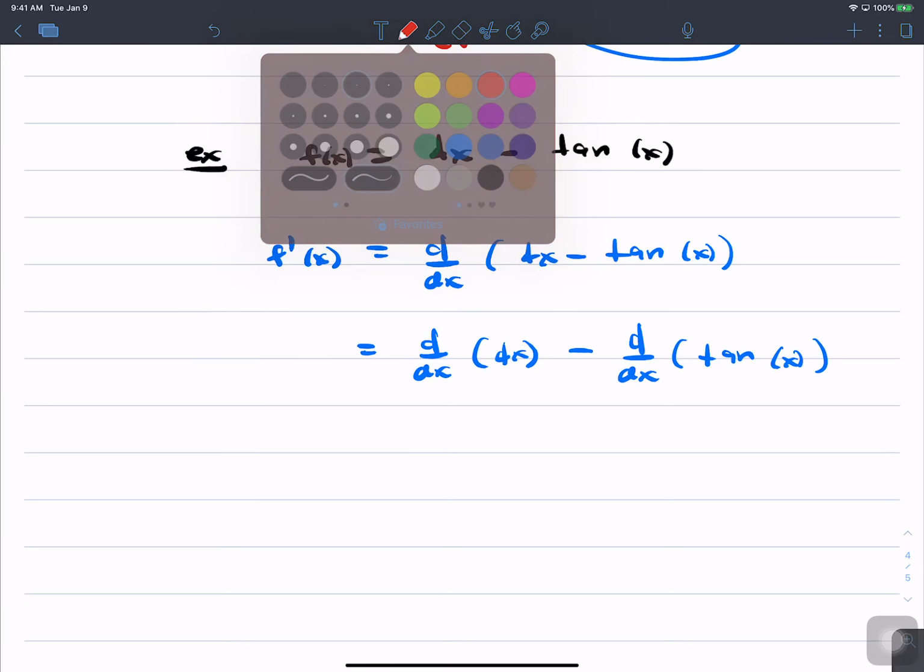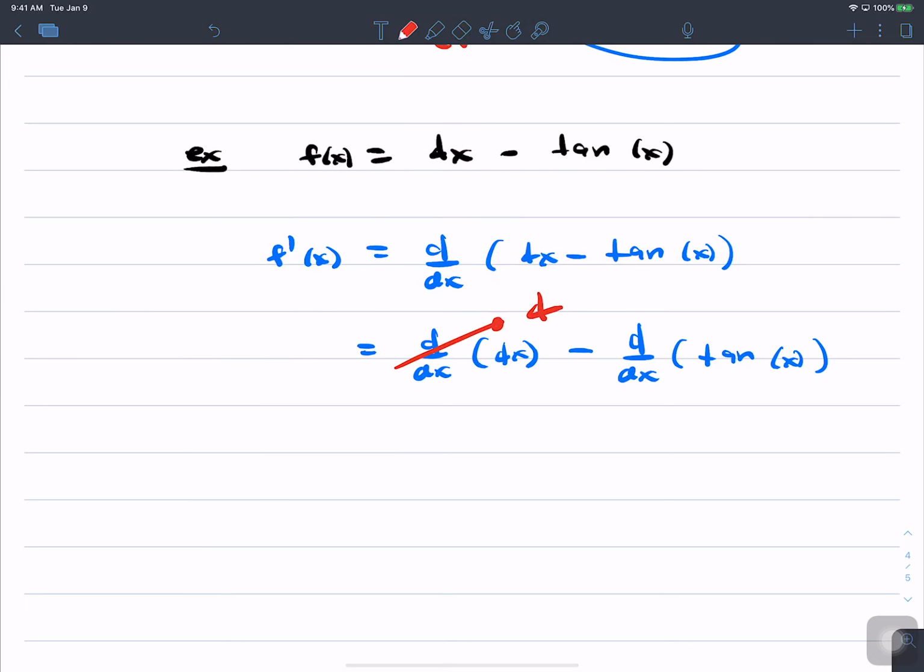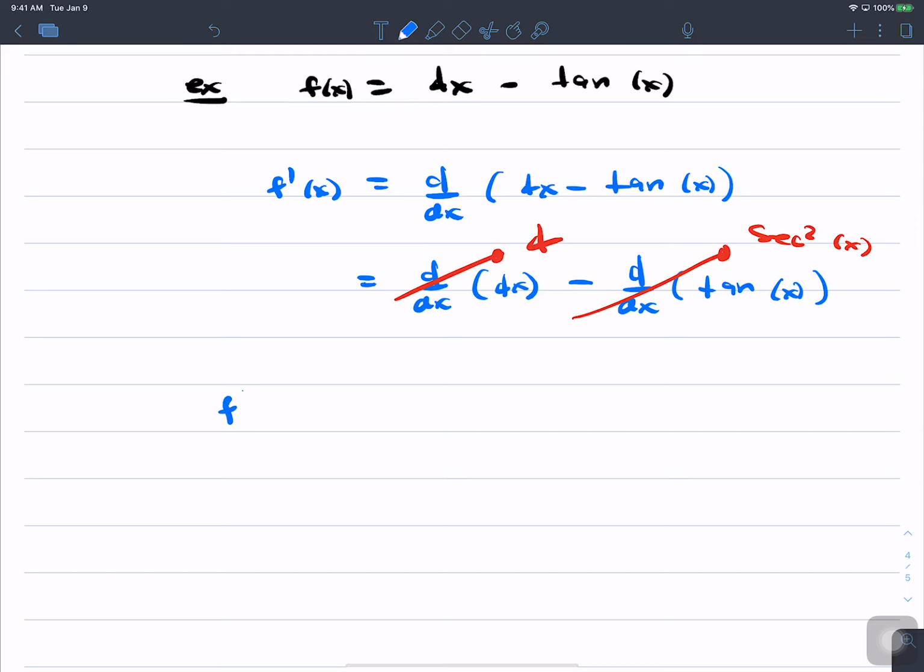And here we go. Derivative of 4x is 4. Derivative of tangent, secant squared. F prime x is 4 minus secant squared.